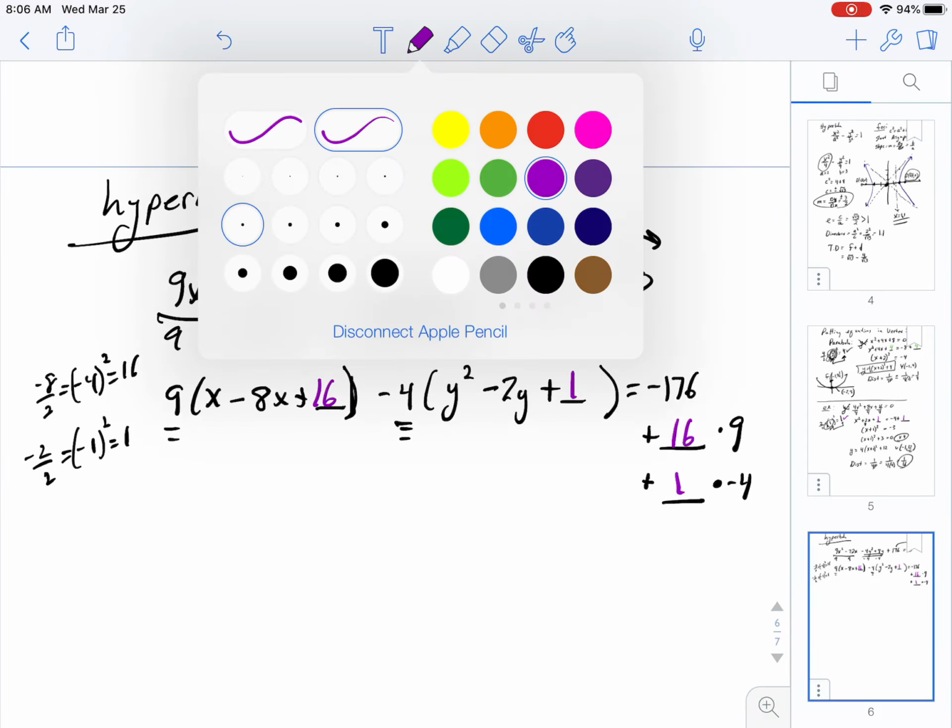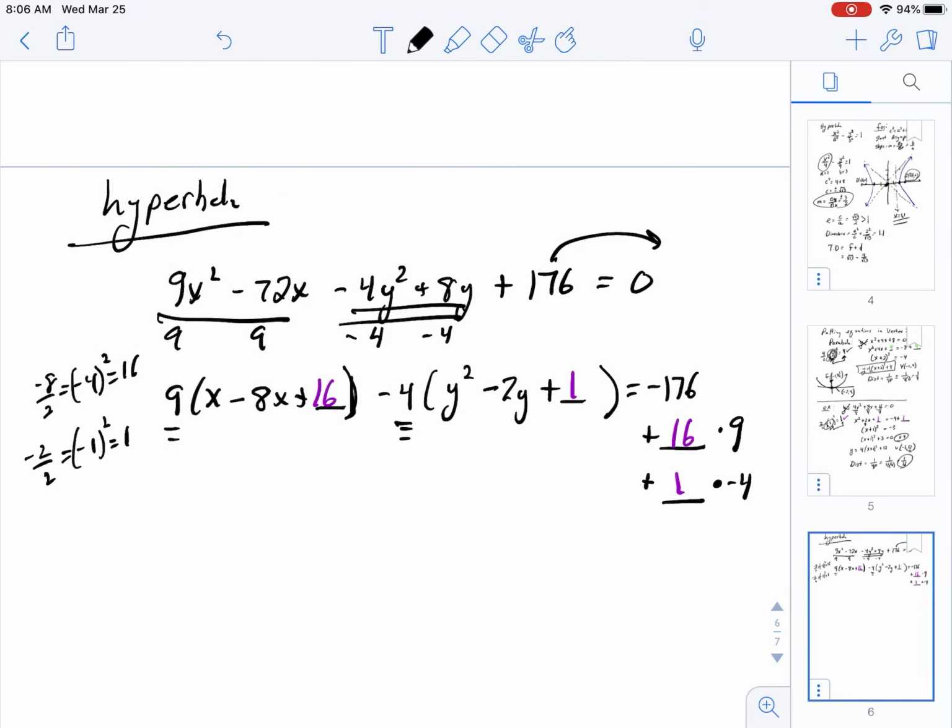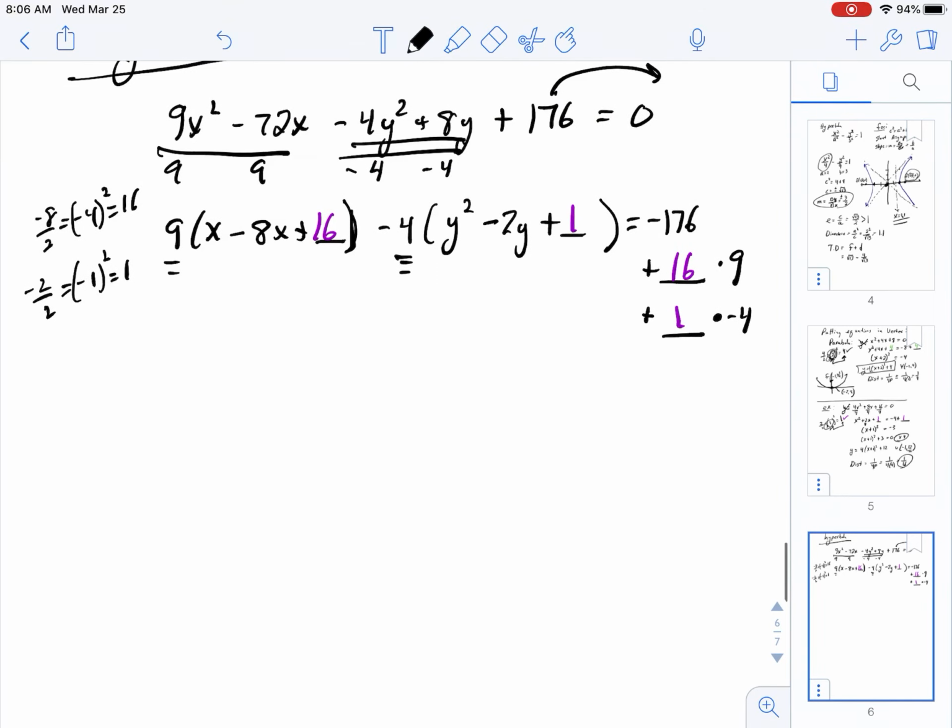Cleaning this up now, this would be 9 times x minus 4 squared minus 4 times y minus 1 squared, and over here this would be negative 36.